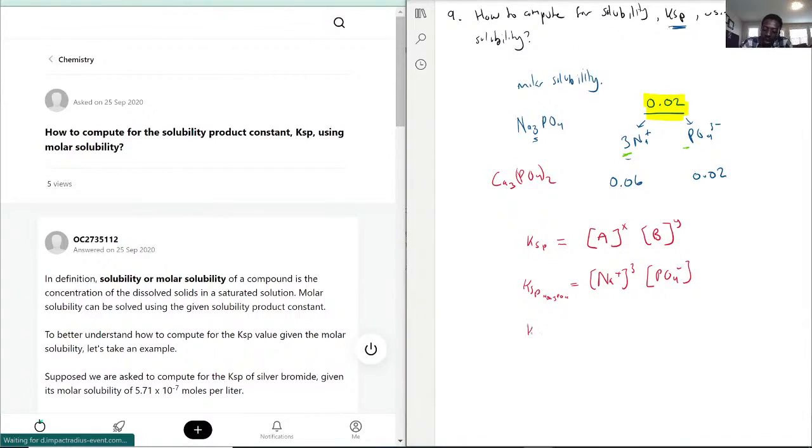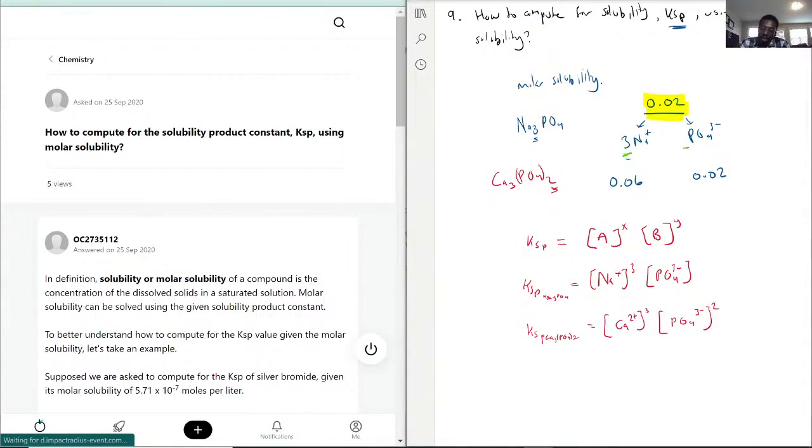And if you do the Ksp for calcium phosphate, you would have the calcium still to the power of 3, but the phosphate, because now there is a coefficient of 2, would be PO4 3- to the power of 2.